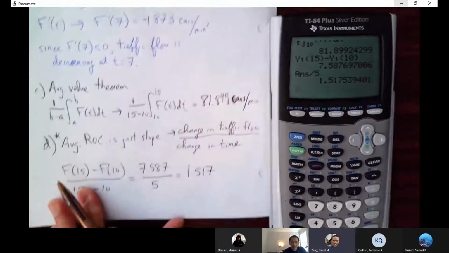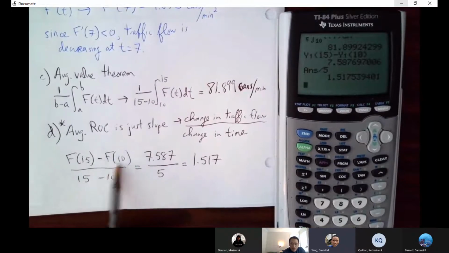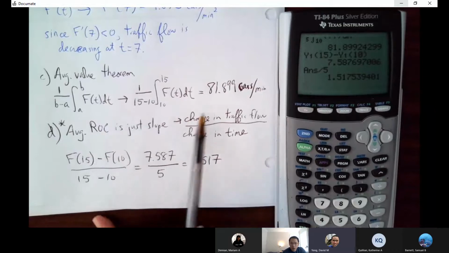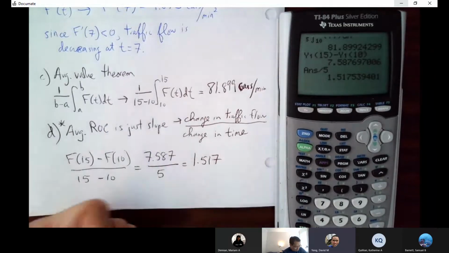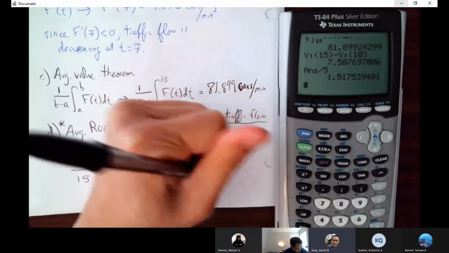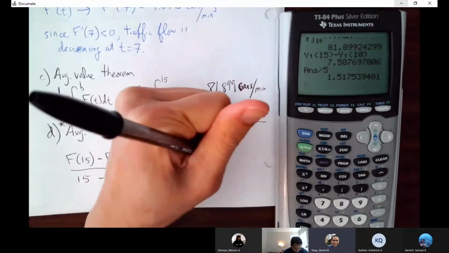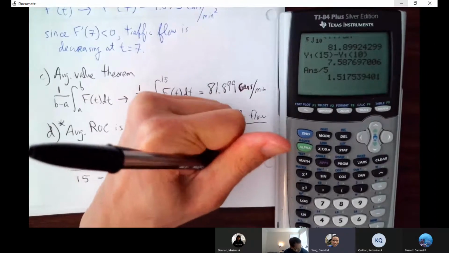So we start off in terms of cars per minute, but we're doing the rate of change of traffic flow. So we're going to have to dip down one. We have to include another rate of change there. So it's going to be cars per minute squared.